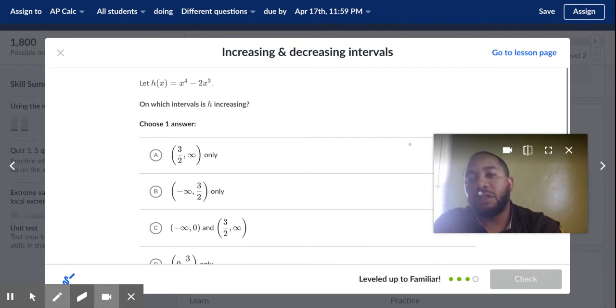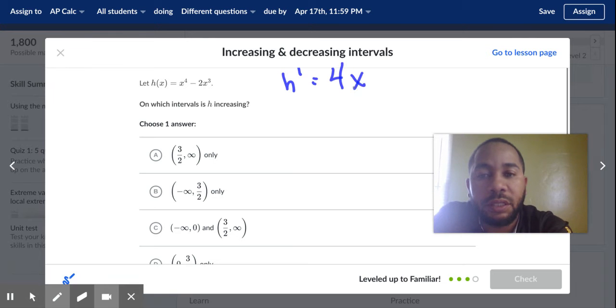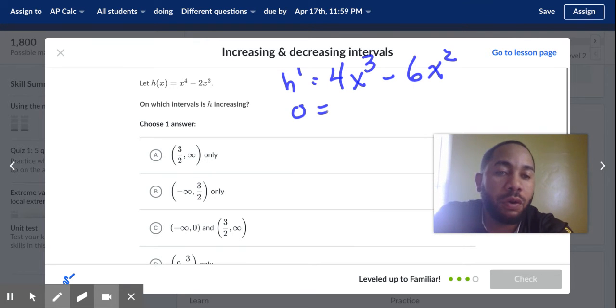They give us h of x is the function on which intervals is h increasing. First thing I want to do is find h prime, and I find that to be 4x to the third minus 6x squared. I need to set that equal to 0. So I know the 0 slopes. That's when it's flat.